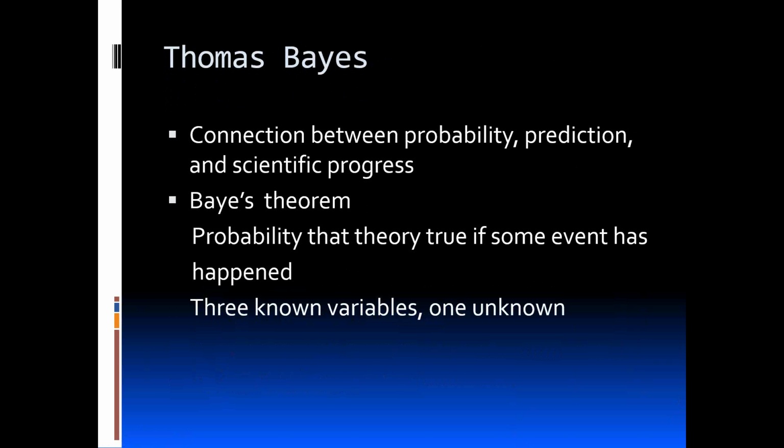And Bayes' theorem centers around the probability that a theory or a hypothesis is true if some event has occurred. And in this theorem, the mathematical equation, there are 3 known variables, and for the sake of discussion, we'll call those X, Y, and Z. And then the unknown is called the posterior probability, or the probability that your theory is correct after an event has occurred.